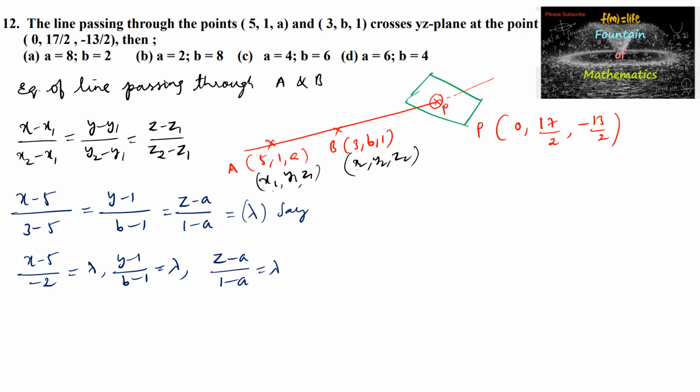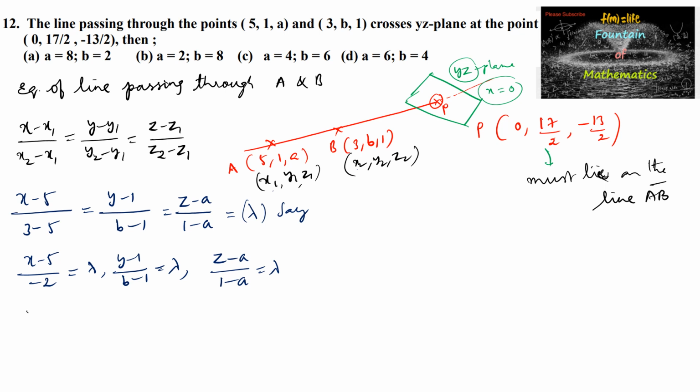Since this line is passing through the yz plane, whose x coordinate will be equal to 0, this point must lie on the line passing through the points A, B. So definitely the x coordinate will be equal to 0.